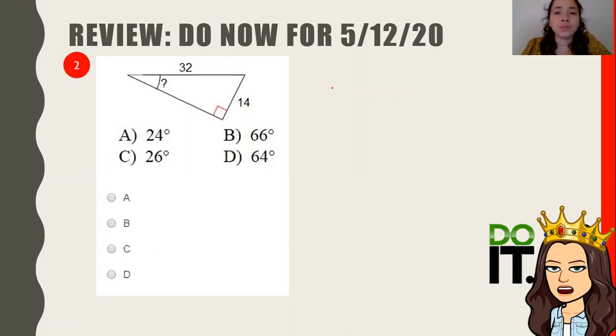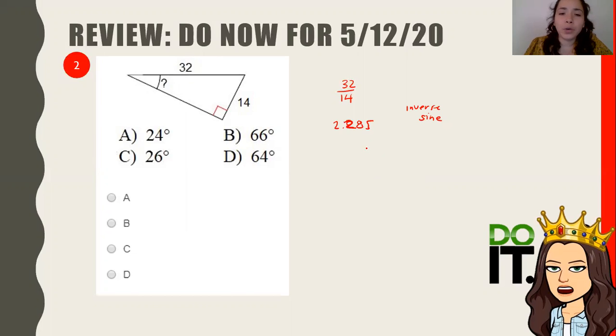When you do 32 divided by 14 it is 0.375, and then you use the inverse, sin with that -1. So 0.4375 sin.